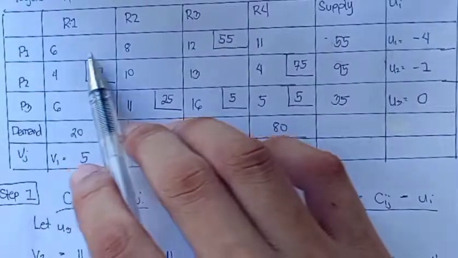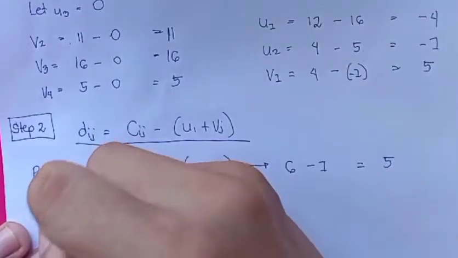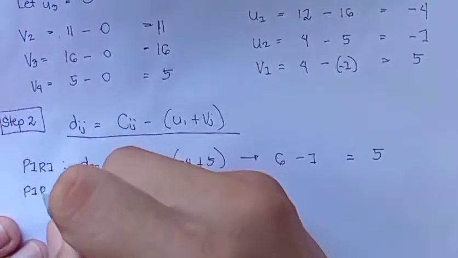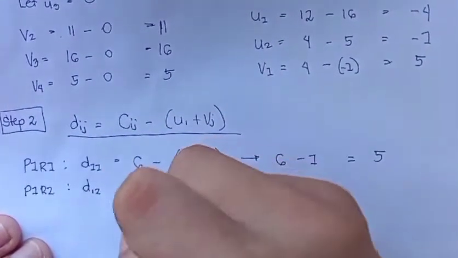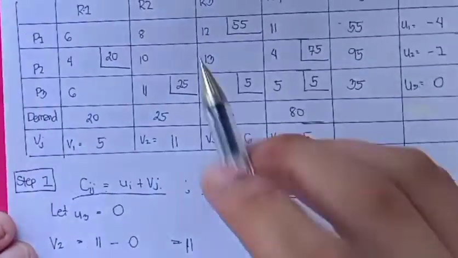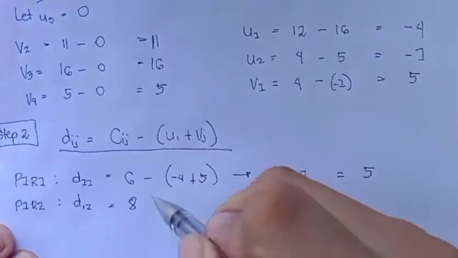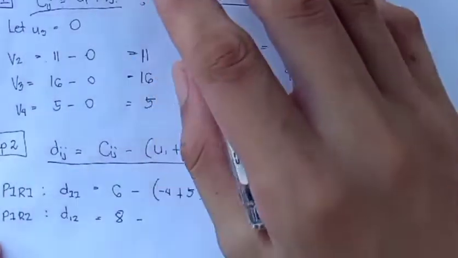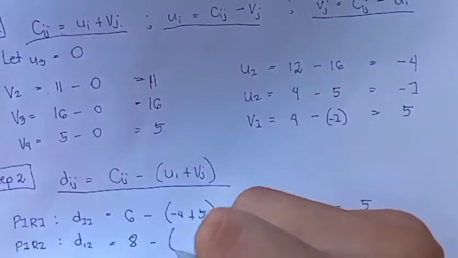Next unoccupied cell is this cell, P1R2, also known as D12, is equal to 8, our Cij, minus the Ui is negative 4 plus the Vj is 11.